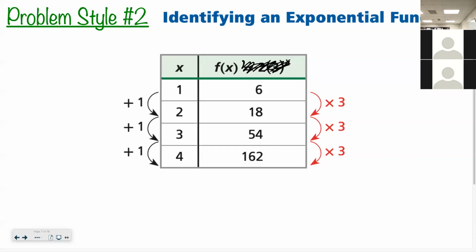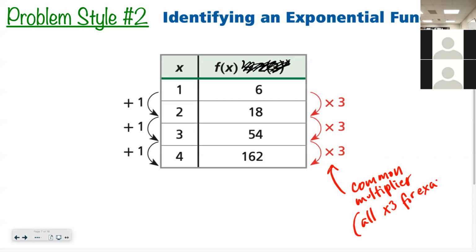So if something is exponential, if you have a common multiplier. So we've done ones like this before, but before what we needed was everything to go up by addition or subtraction.